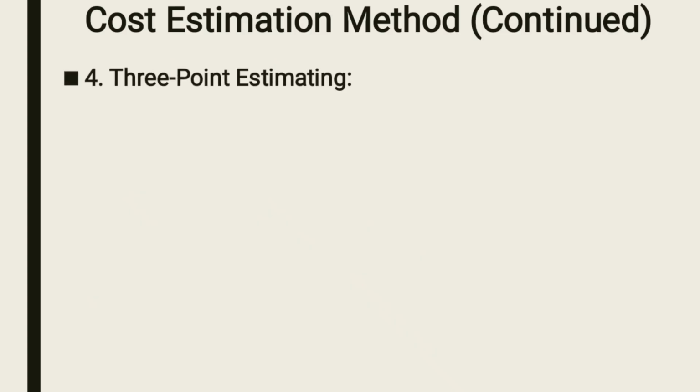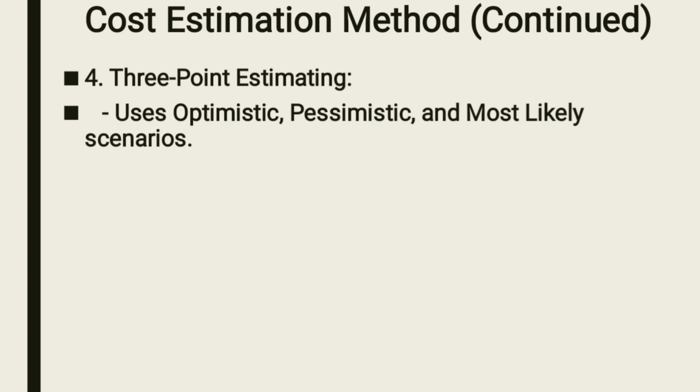Number four is three-point estimating. Here you use optimistic cost. That means if your project will not find any challenges, what can be the possible cost? Then number two, you use pessimistic cost.